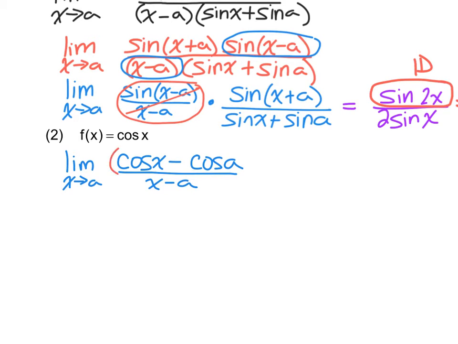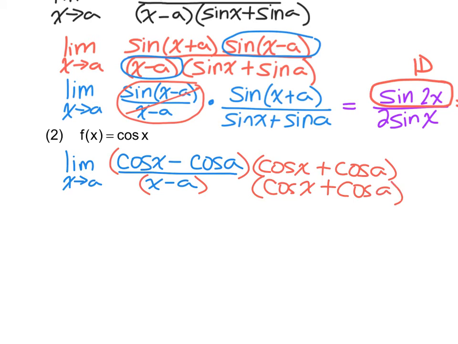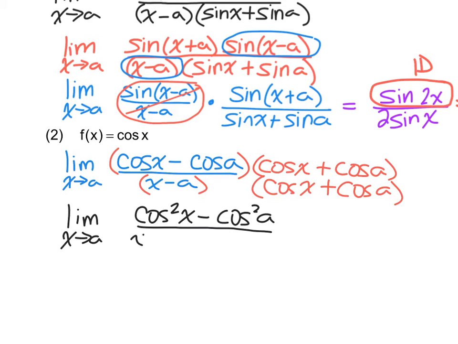So we're going to multiply top and bottom by cosine x plus cosine a. So we'll have cosine squared x minus cosine squared a over all that stuff.